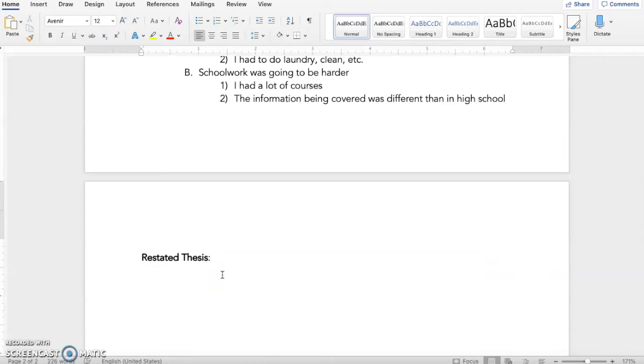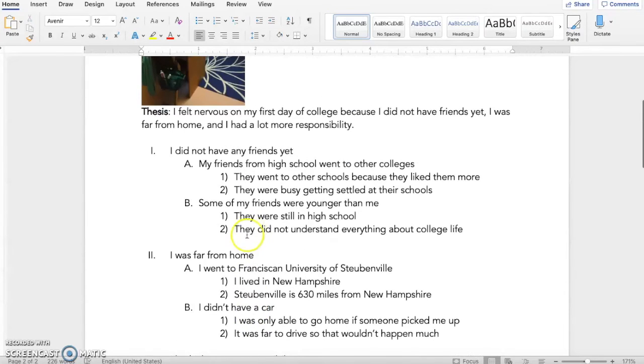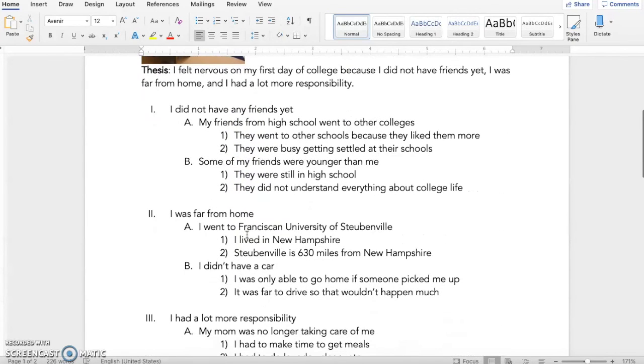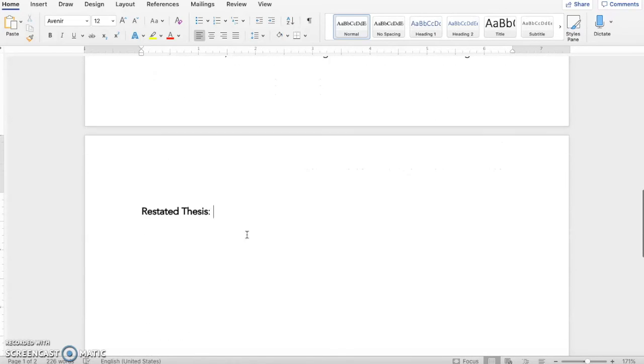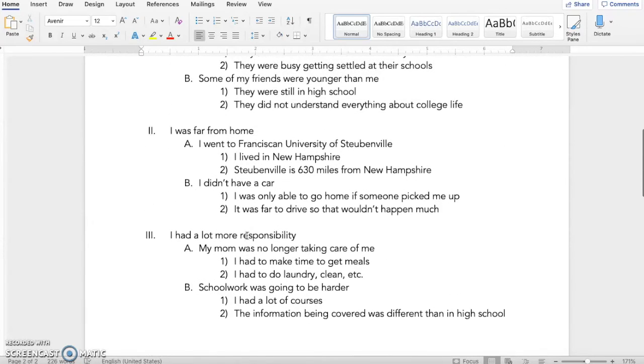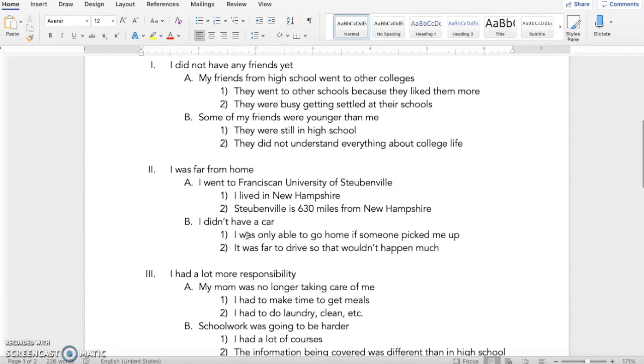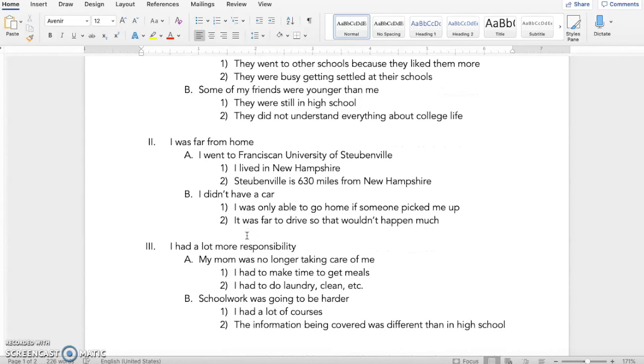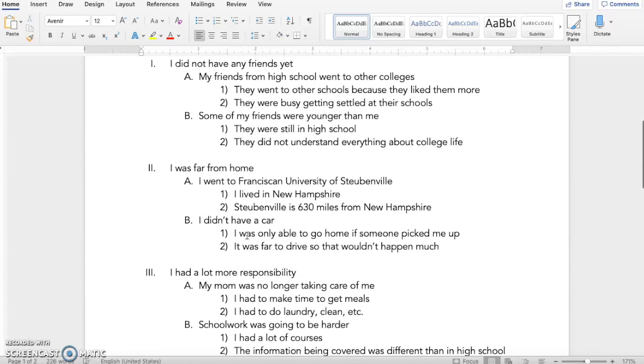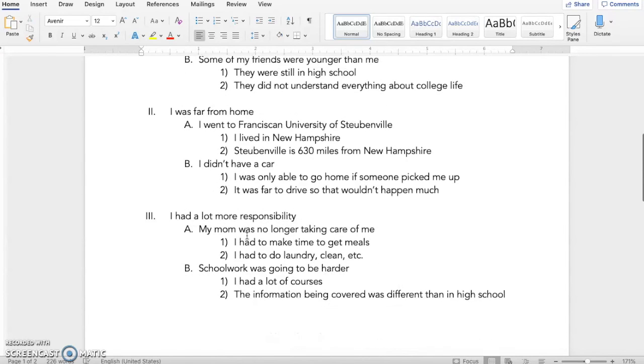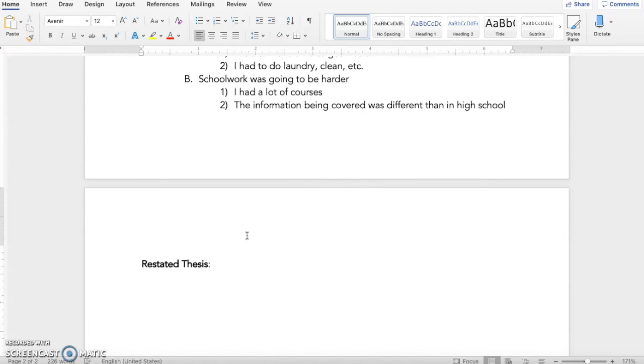This can honestly be kind of tricky because you're going to be tempted to just write the exact same thing. So a good trick that I've learned is don't even look at your thesis from the beginning and just look at what you've written in your essay. What did you write in your essay? What were your main ideas? By just looking at your essay, you might be able to better come up with new wording for your restated thesis at the beginning of your conclusion.